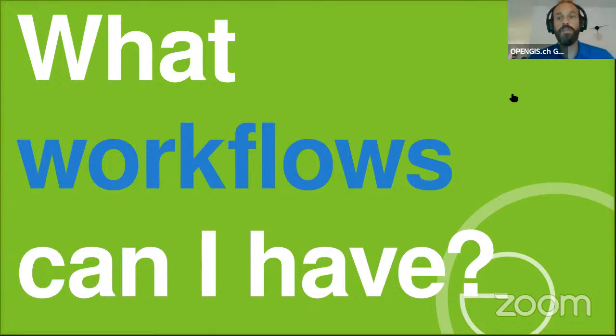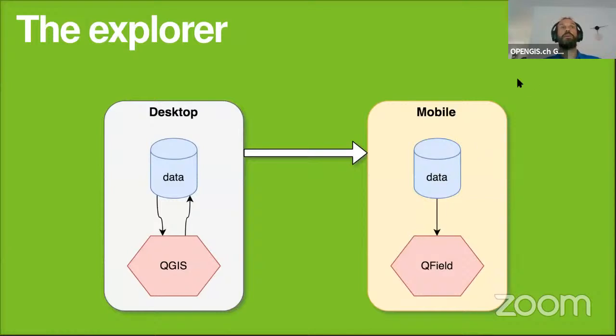I've been speaking before briefly about QField Cloud. There are obviously workflows that are not tied to QField Cloud. QField Cloud is one of the possible workflows. The most basic workflow is that you are kind of the explorer. You are the owner of your data, and you just copy the whole QGIS project data over to the mobile, go out and have a look around by using your data.